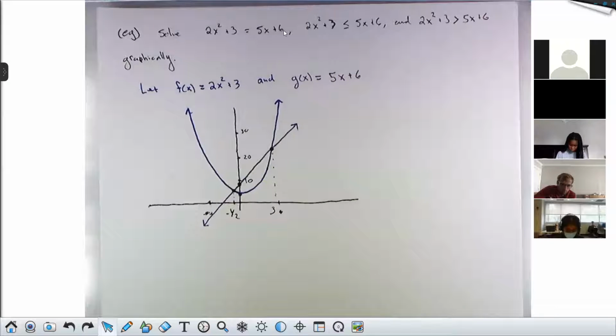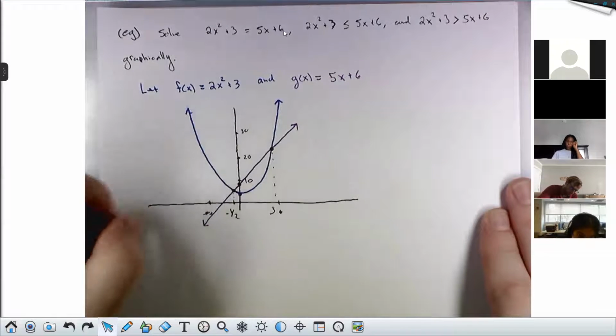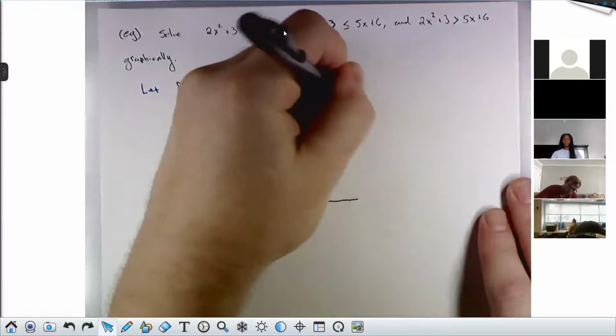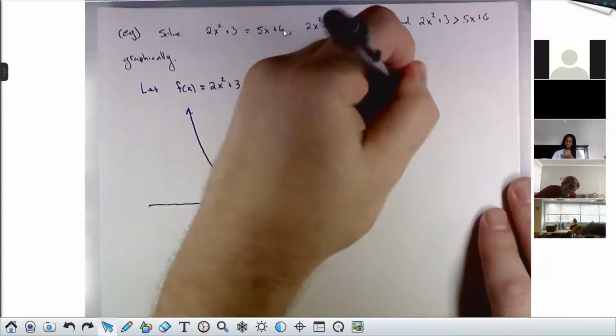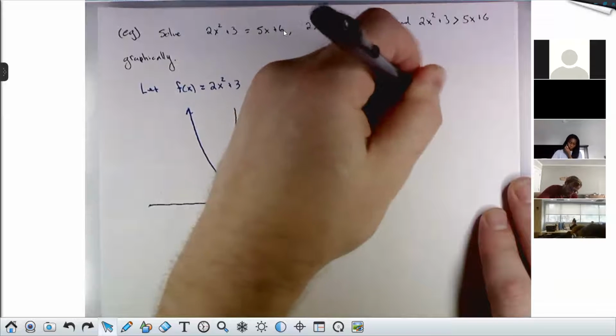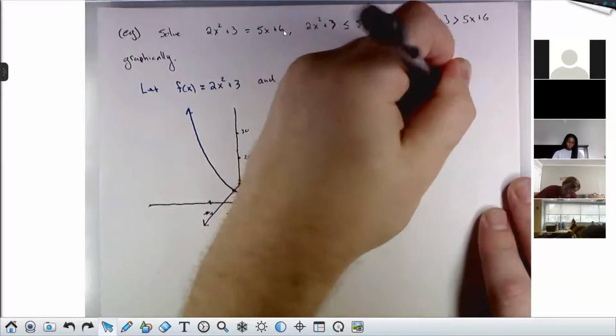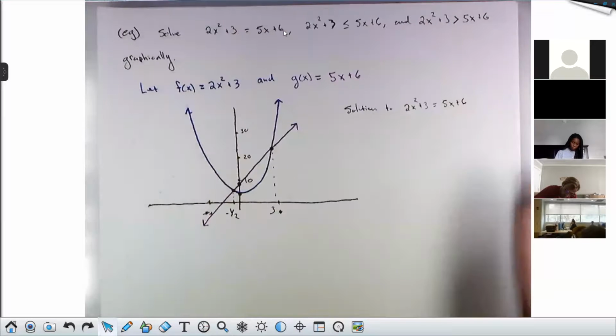So now with this picture, we want to solve the equations and inequalities above. Let's start with the equation. What are we looking for?